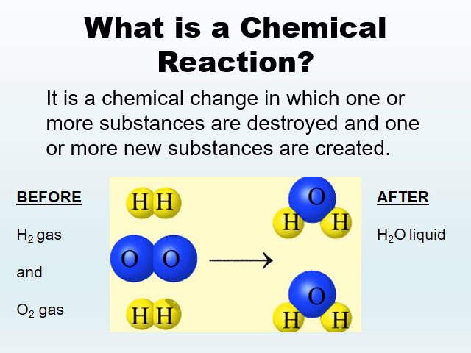Now students, what is a chemical reaction? It is a chemical change in which one or more substances are destroyed and one or more new substances are created. Or we can say a chemical reaction is a process in which one or more substances, the reactants, are converted to one or more different substances, the products.